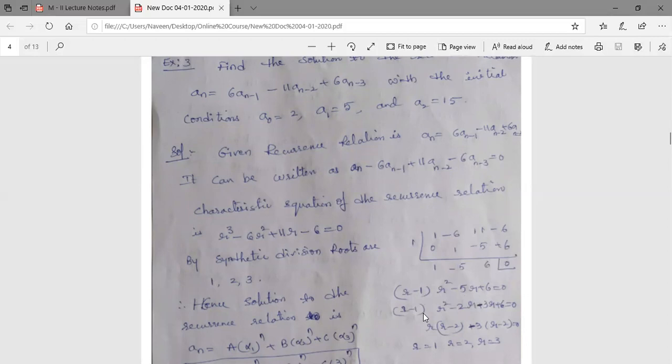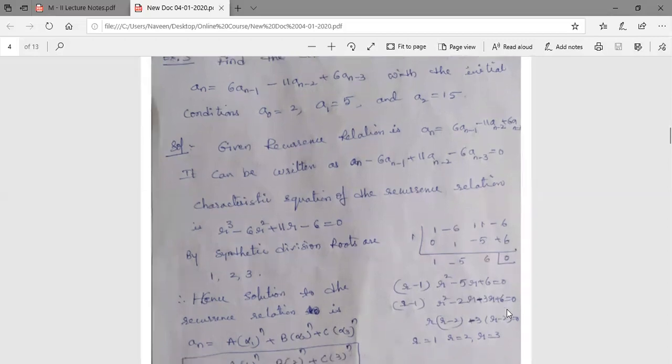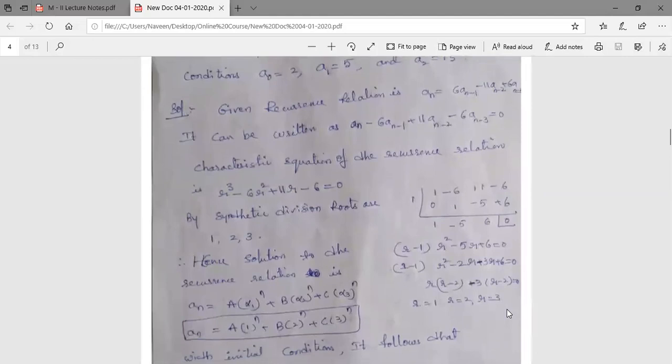Minus 5r can be written as minus 2r minus 3r, plus 6, is equal to 0. On simplification, we get r is equal to 1, r is equal to 2 and r is equal to 3. We got three different roots.